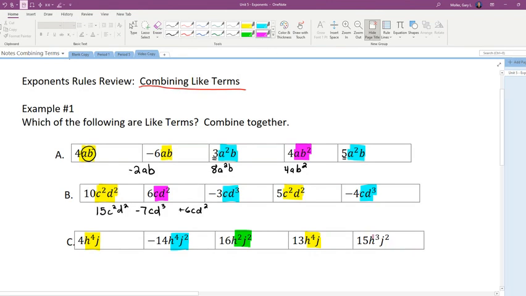And obviously we have H cubed J squared all by itself. The only two that I can combine are the first and the fourth one, which gives me 17 of those. All the others are just as they are written, so they don't change.